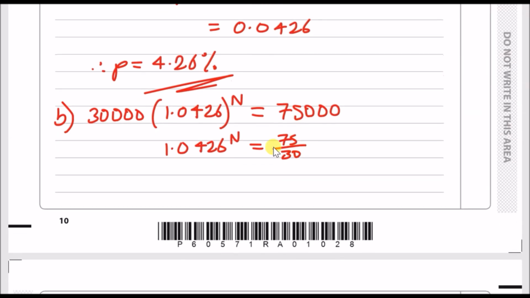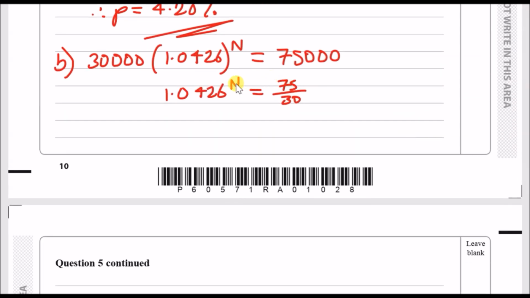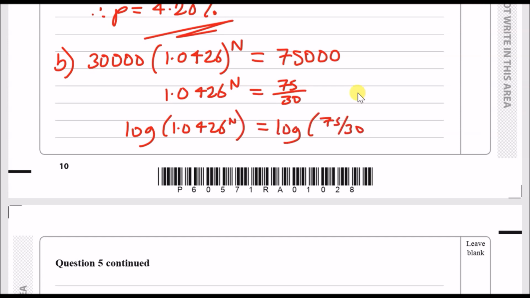And now I would just take logs here, guys, yeah? Because to find n, you need to take logs on both sides. So take logs, you have something like log 1.0426 to the power n equals log 75 over 30. Now, a very useful property of the logs is that when you've got a power inside the expression, it goes in front of the log.